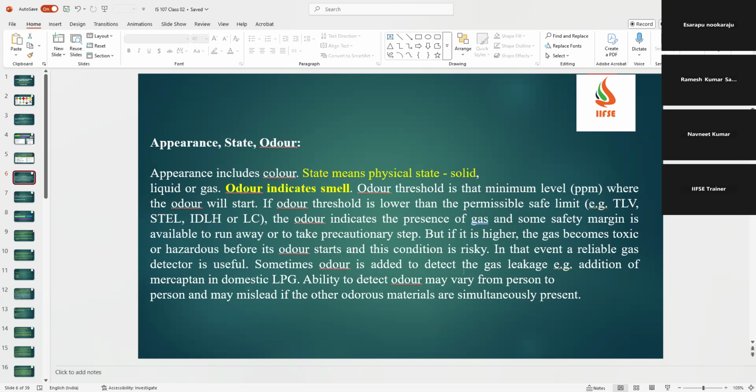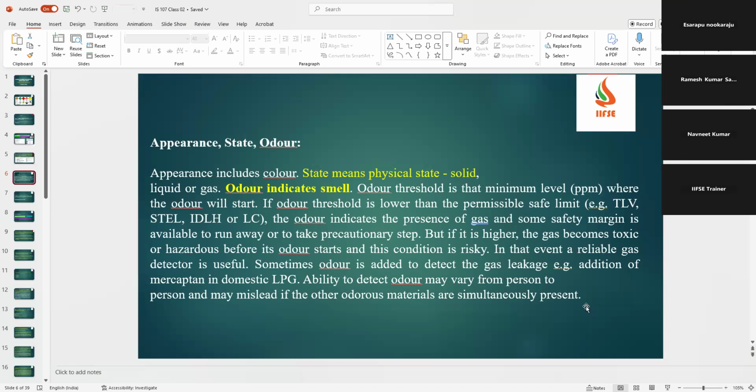Sometimes odor is added to detect gas leakage. Example: addition of mercaptan in domestic LPG. The ability to detect odors may vary from person to person and may mislead if other odorous materials are simultaneously present. So in case of any odorless chemicals, we can utilize detectors to detect the chemicals.